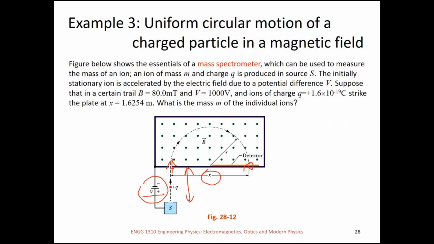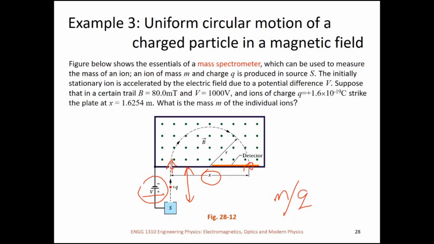We can derive the relationship with the velocity, which is also related to the ion's mass and charge. So we can know the mass over the charge, and from that we can derive which element or which kind of ion we are having.